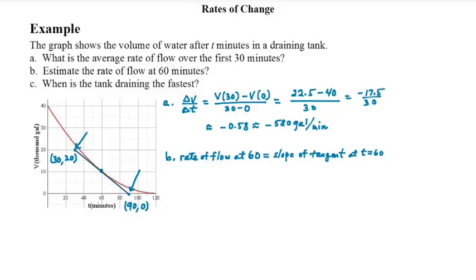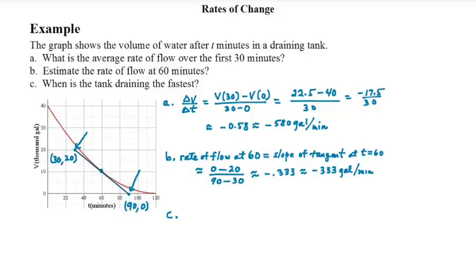So the slope of the tangent line is going to be approximately the difference in the y coordinates, 0 minus 20, divided by the difference in the x coordinates, 90 minus 30, which will give us a value of about minus a third. And then we're going to multiply by 1,000 to get an instantaneous rate of change of minus 333 gallons per minute.